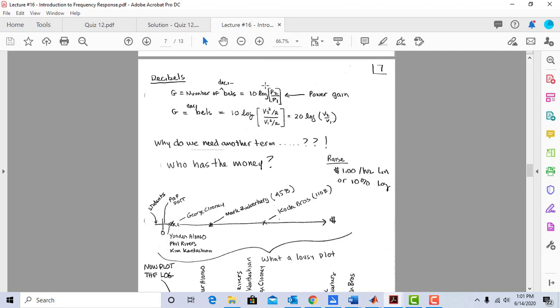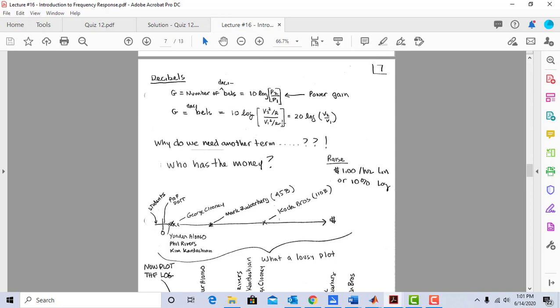So the bell gain is log of P2 over P1. Decibels is 10 times that log. That's our deci. So this is the basic definition for decibel right here. And it's a power ratio.